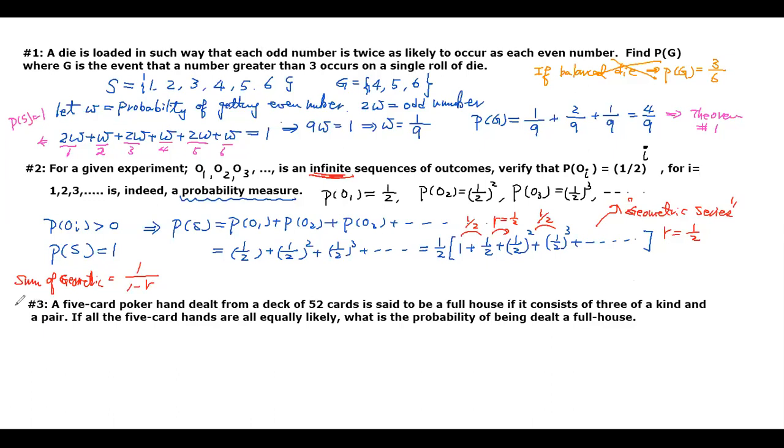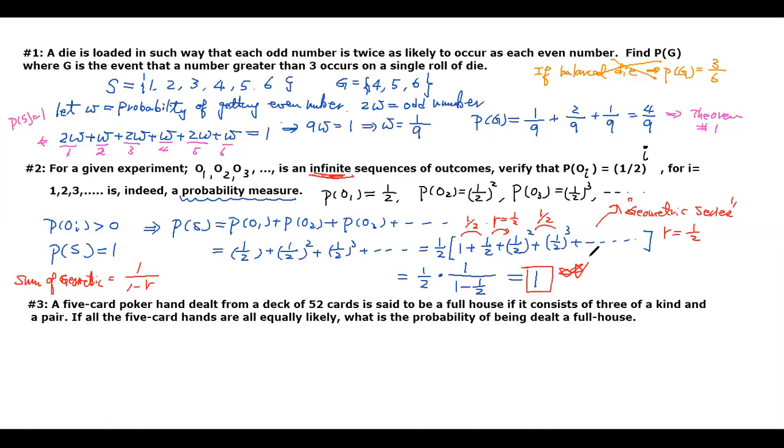That's what we learned in calculus. So this is 1/2 times 1 over 1 minus 1/2, and if you calculate that, you get 1. That's why I know this is a correct probability measure. So I can define this as a sample space, because when you add all the outcomes together, it has to equal 1.